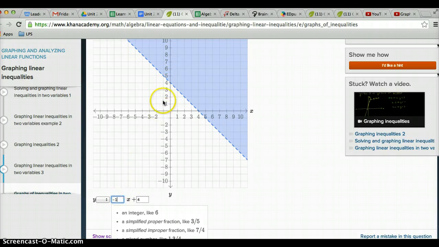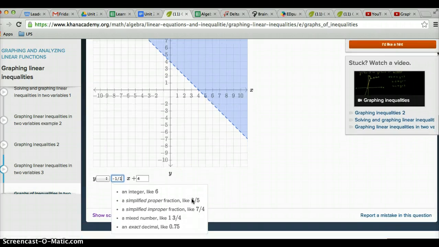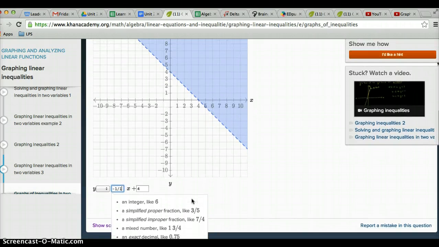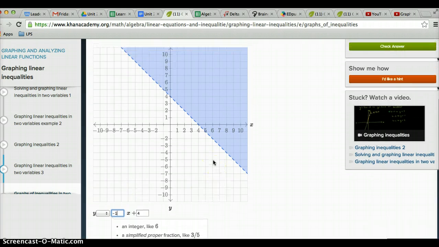So down is a negative 1 and right is a positive 1, right? So my fraction would be negative 1 over 1. We should always simplify. So 1 divided by negative 1 is just negative 1, right? They always want us to simplify on these programs.